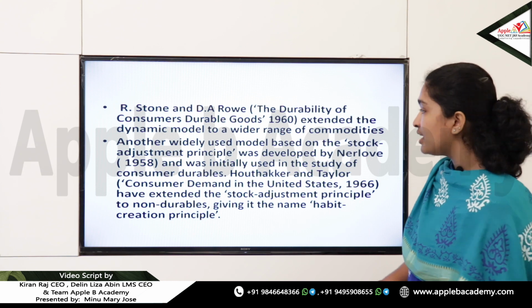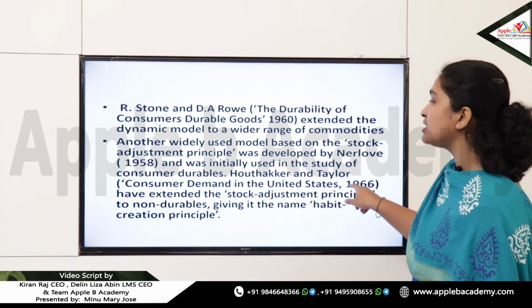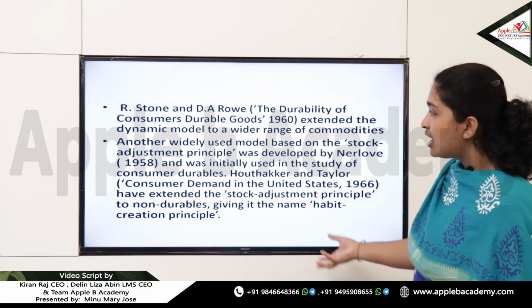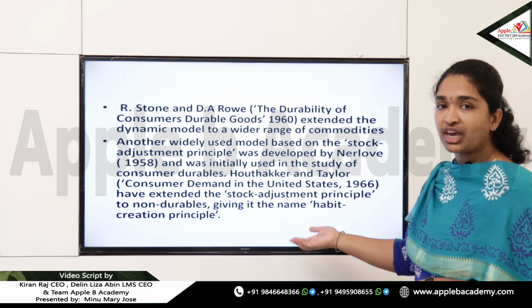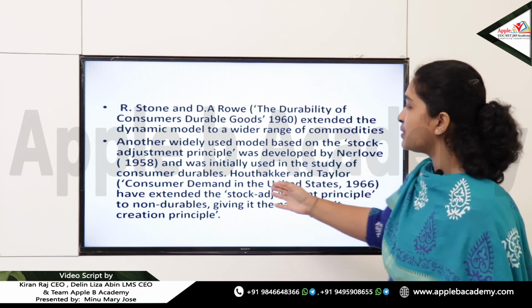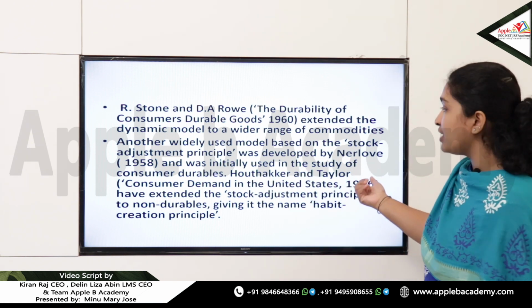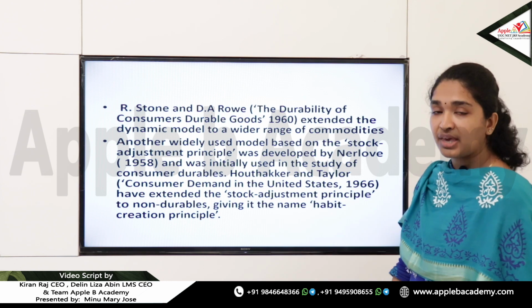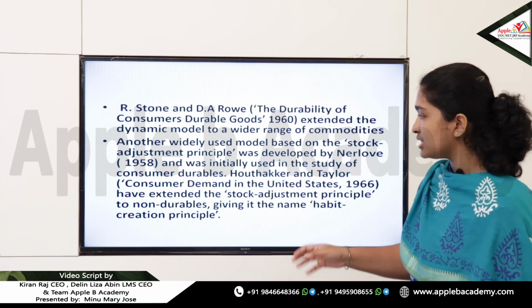by Nerlove, and it was initially used in the study of consumer durables. So these are the other consumer demand theories which came up after the revealed preference theory of Samuelson. There was the stock adjustment principle in 1958 by Nerlove, which was used to study the behavior of consumer durables.